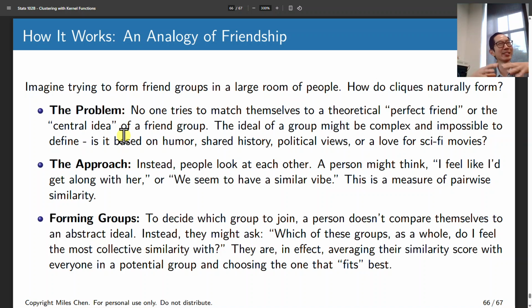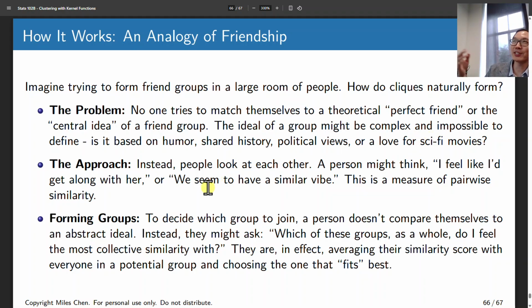But in reality, we don't necessarily have this central idea of a friend group. The ideal of a group is some complex, impossible thing to define. It could be based on humor, shared history, political views, or some common interests.